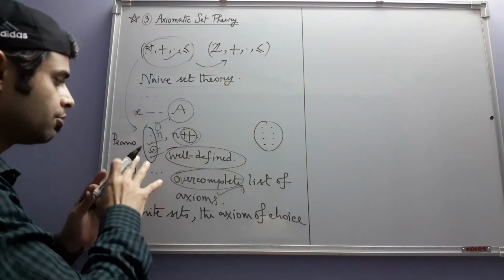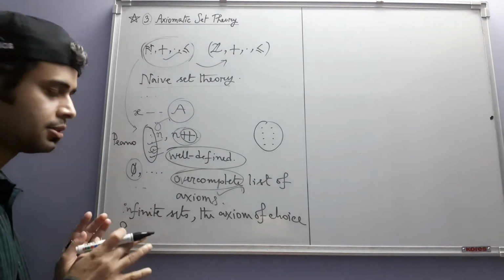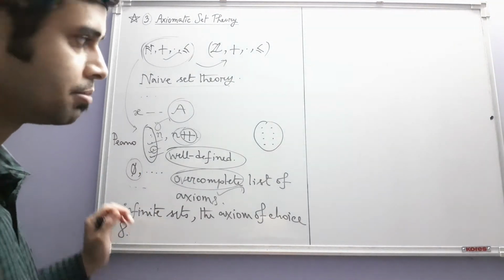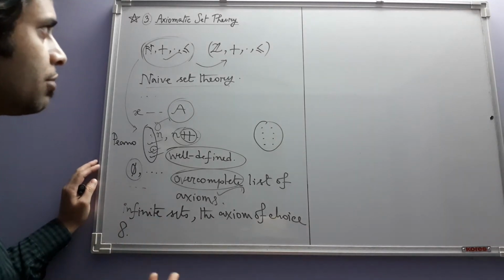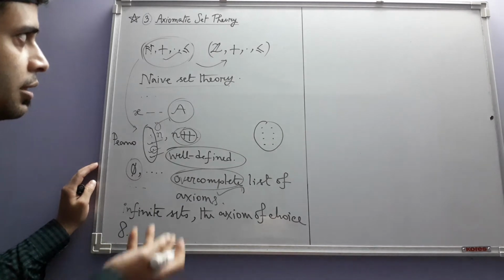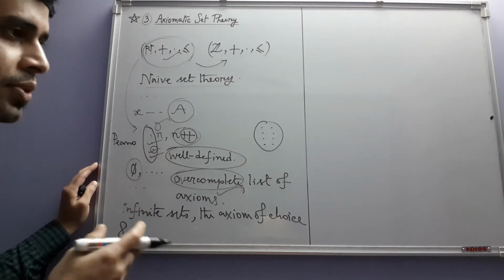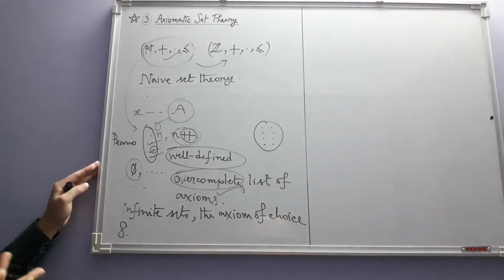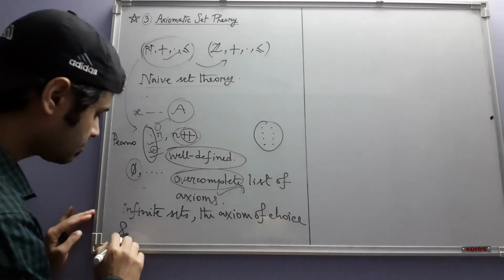So we are going to look at those parts of axiomatic set theory that are necessary for our mathematical purposes, simply because every branch of mathematics has been written in the language of set theory, and its ingredients like sets, functions, those types of things.